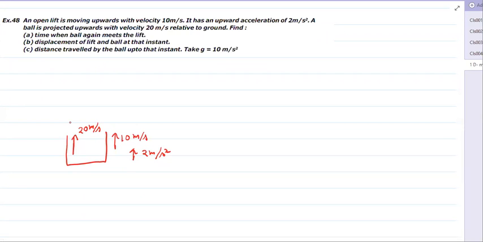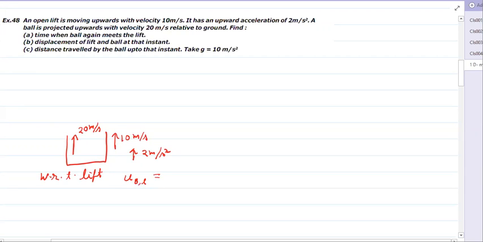If you consider relative motion, then with respect to lift, we have to consider the motion of the ball. So we will solve everything with respect to lift. What is the relative velocity of ball? So relative initial velocity of ball, U_BL, ball with respect to lift.